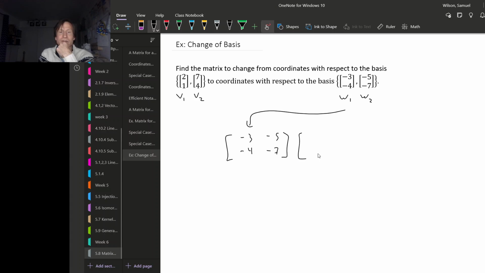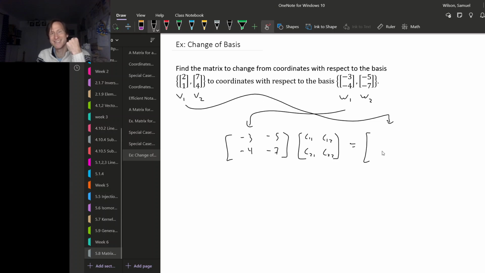And then we have our unknown matrix of the C's. It turns out it's going to be 2 by 2, so C11, C12, C21, C22 equals, and then on the right-hand side we put the images of the v's, but because the transformation here is the identity transformation, the images of the v's are the v's, so 2, 1, 7, 4.